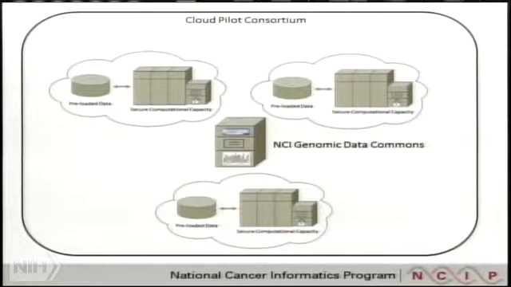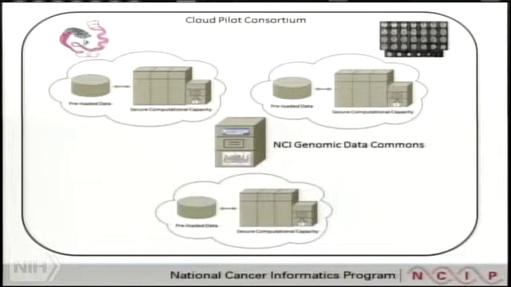But at the same time, the expectation is that a successful offer is going to also support at least one other non-core data type. So you can imagine one of the clouds might support epigenetics, one might support imaging, one might support copy number, whatnot, so that we wind up at the end of this pilot period with these 3 clouds producing a broad array of capabilities that can be used to analyze a very large fraction of the totality of the data types that are going to be coming out of TCGA.